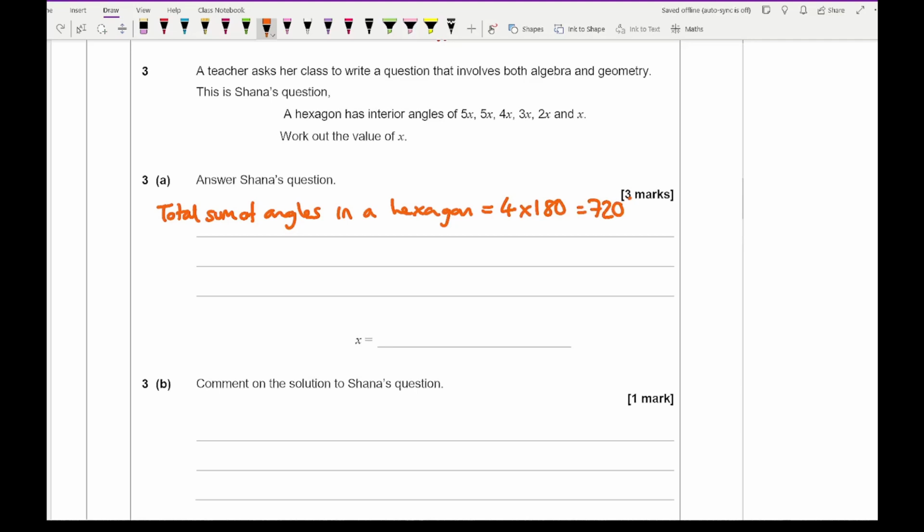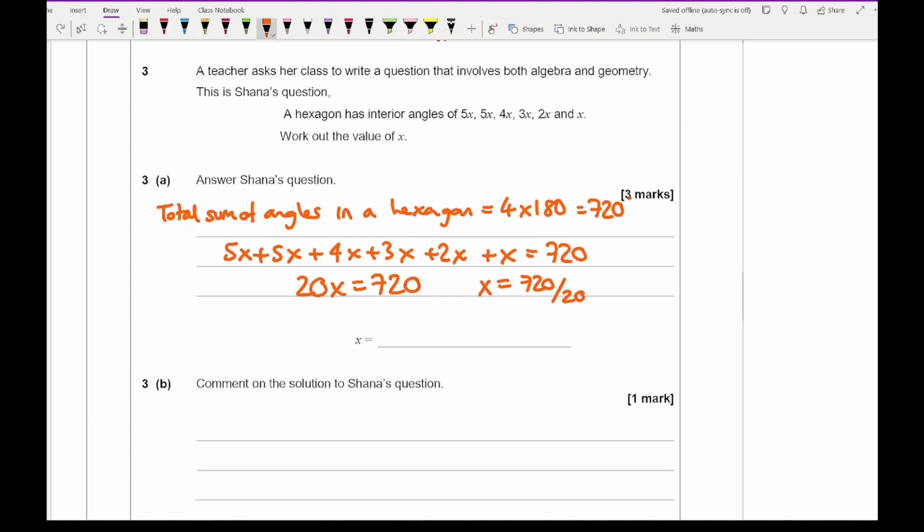So therefore, what I've then got is 5x plus 5x plus 4x plus 3x plus 2x plus 1x equals 720. So simplifying all of that, I get 20x equals 720, and then take the 20 over, so x equals 720 divided by 20, which is 36 degrees.